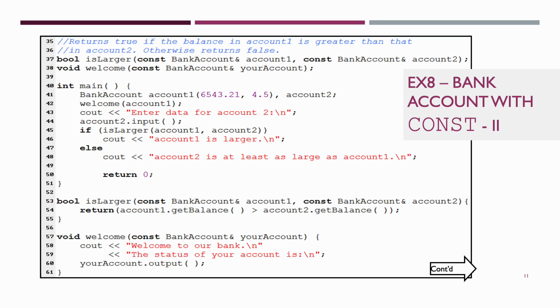Both parameters are declared as constant, which guarantees that isLarger will not modify either account. This is important because isLarger is only comparing the data, not altering the objects. The function compares the balances using the getBalance method, which is itself a constant method, ensuring that no changes are made to the objects during the comparison.